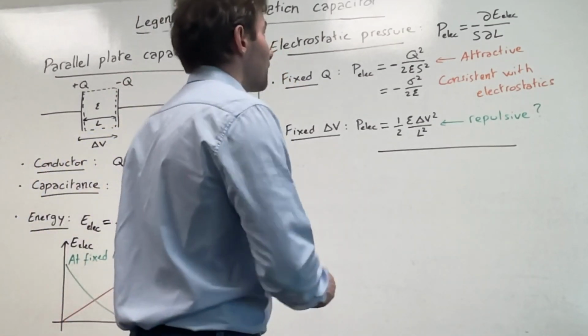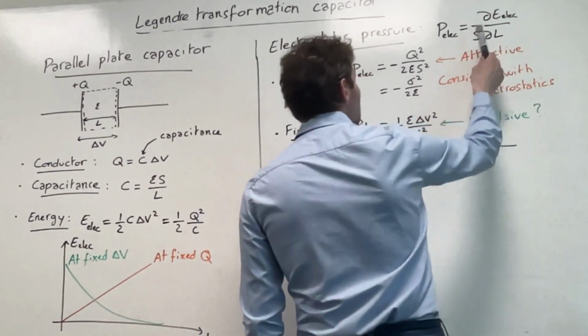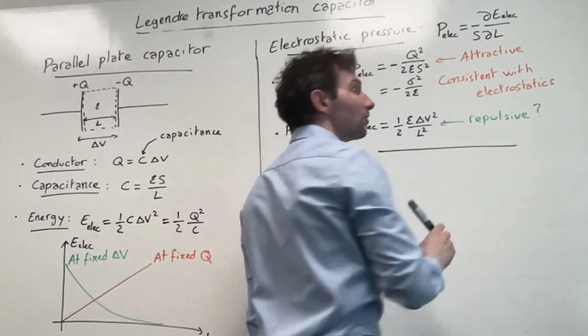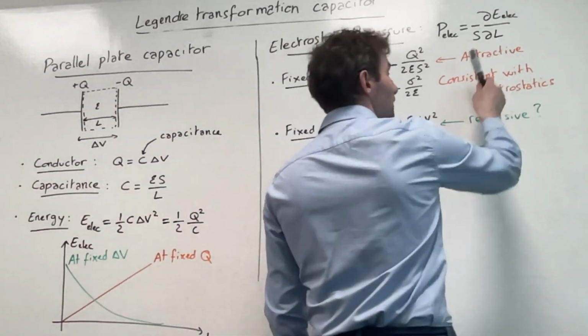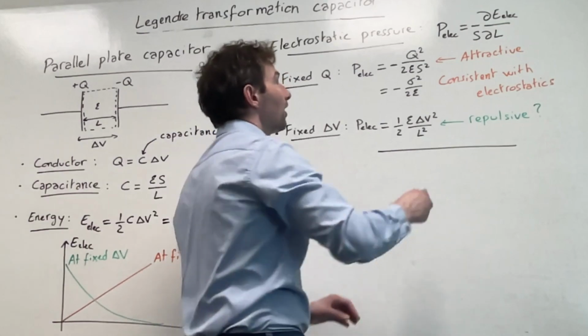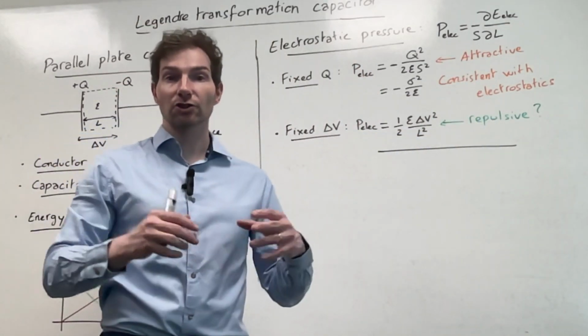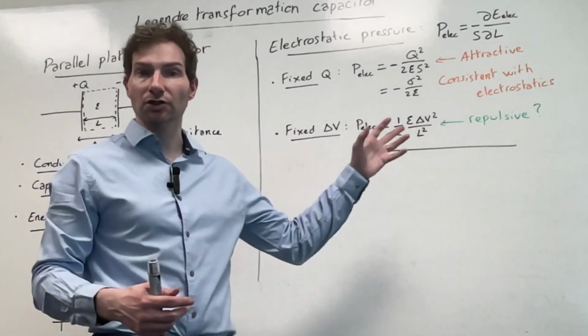Usually you would define this as minus the derivative of the electric energy with respect to the spacing L between the plates, and here you need to divide also by S, the cross section, to actually get a pressure. Otherwise, you will just get the force.